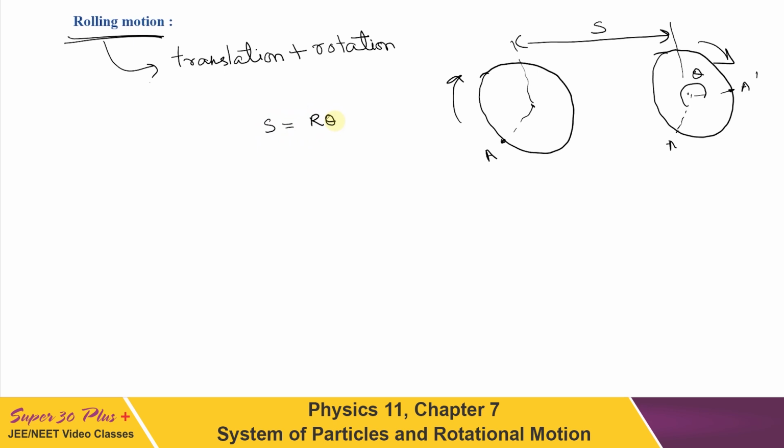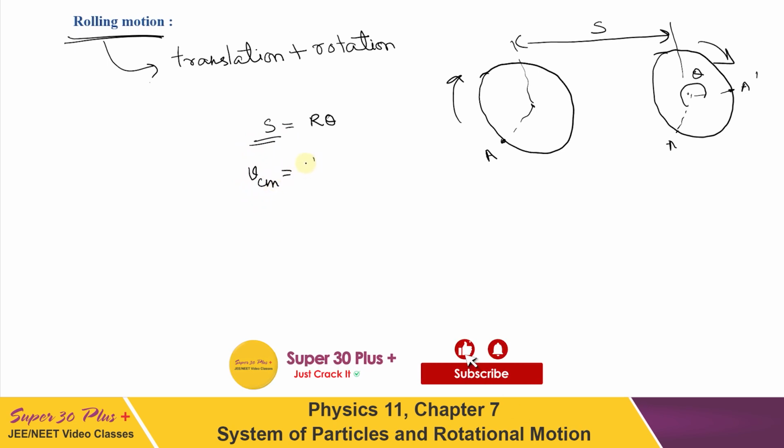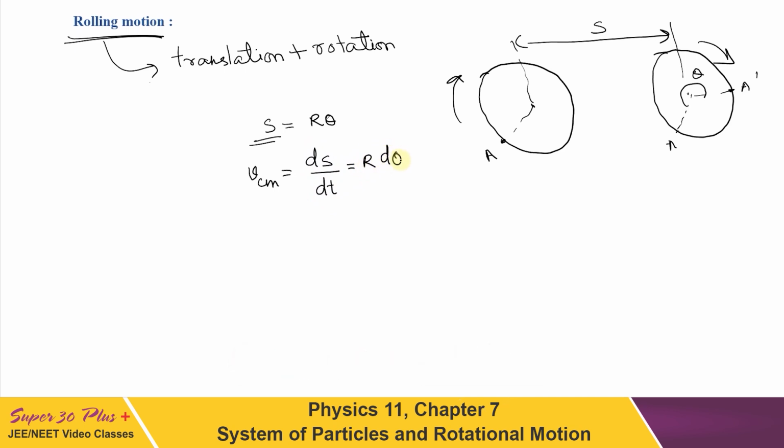Now what is this S? It is the displacement of the center of mass. So if I differentiate, it will give VCM. VCM is equal to ds by dt, that can be written as r d theta by dt, which is equal to r omega. So from here we got VCM equal to r omega.